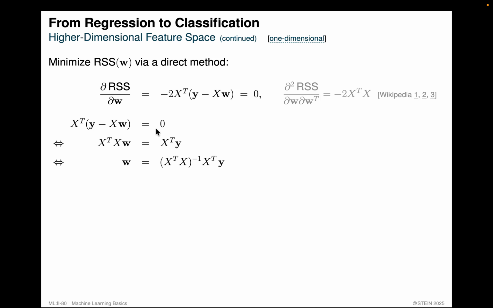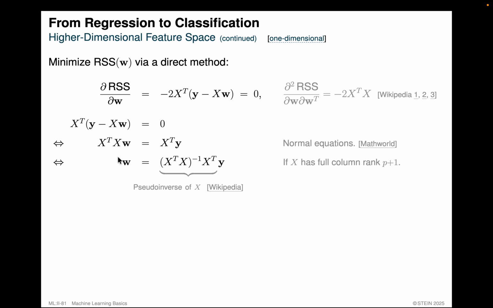We have here the situation that we just multiply by 2, then expand the brackets, move this part over here, and then solve for w. This is basically the situation where we want to minimize the error. This is called the so-called normal equations.